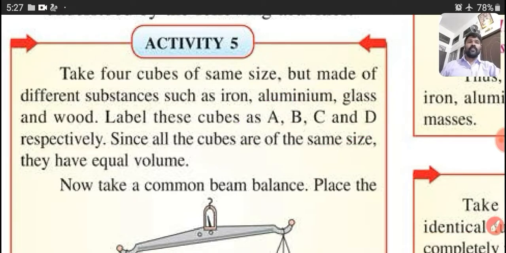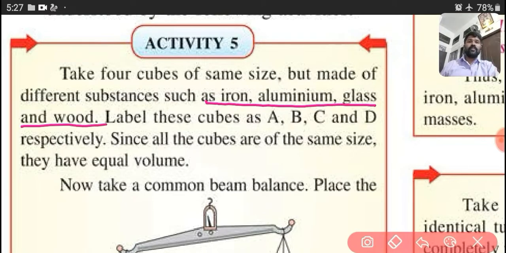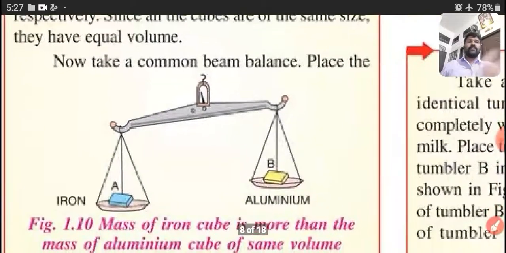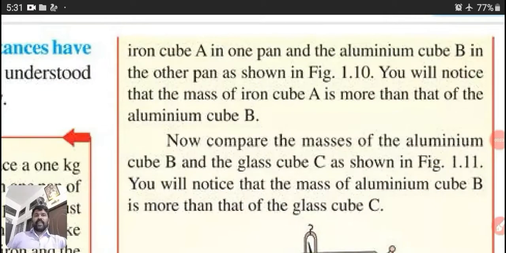Okay students, we took the cubes of iron, aluminium, glass and wood and we have named them A, B, C, D. Now take a common beam balance. Place the iron cube A in one pan and the aluminium cube B in another pan as shown in figure 1.10.